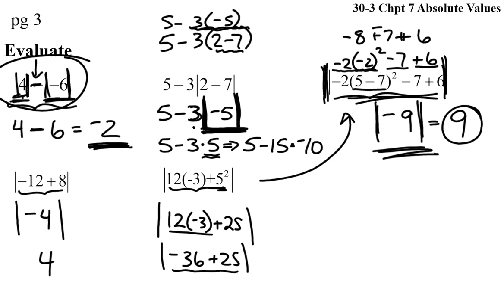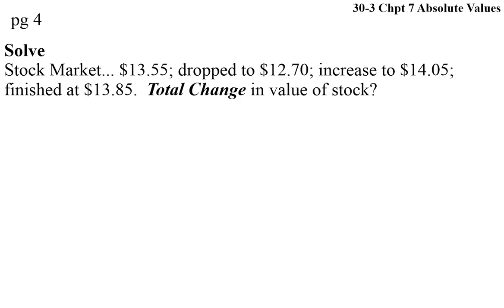Finish off inside the absolute brackets: negative 36 plus a positive 25 leaves us with negative 11 in absolutes, which tells us our answer is the positive of it. So, calculation with absolutes, BEDMAS, but understand it converts to its opposite.